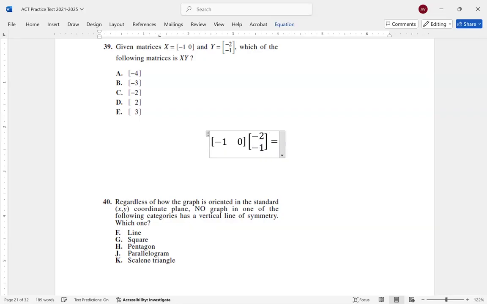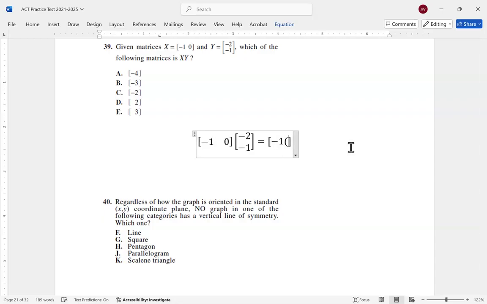What you do in this situation is that's going to produce another matrix, but what you would do is you take the -1 and multiply it times this -2. So it's kind of like taking this row, turning it upright and multiplying it through times this column. So -1 times -2 becomes a +2.